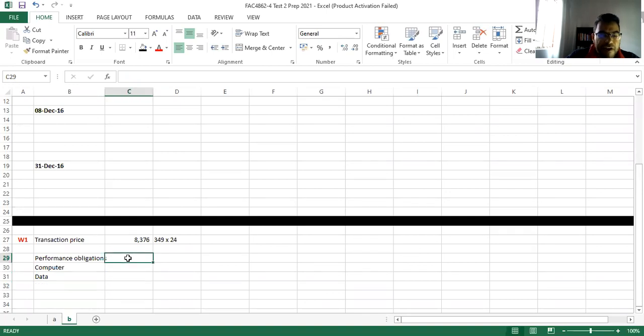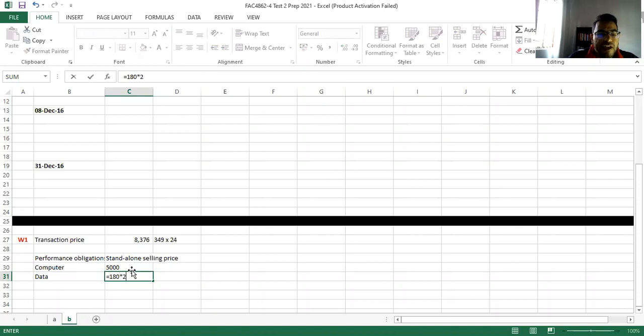Now we can have our stand-alone selling prices. The stand-alone selling price for the computer is 5,000 Rand. Data is 180 Rand per month, and because the contract is 24 months, we multiply by 24 months.